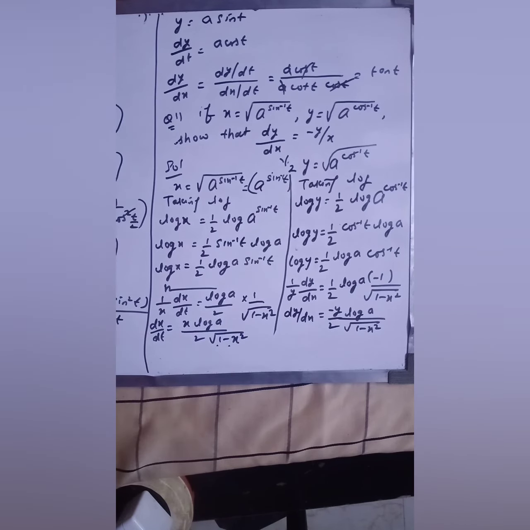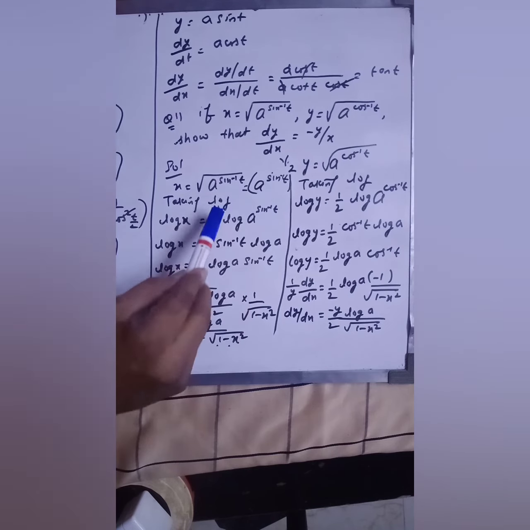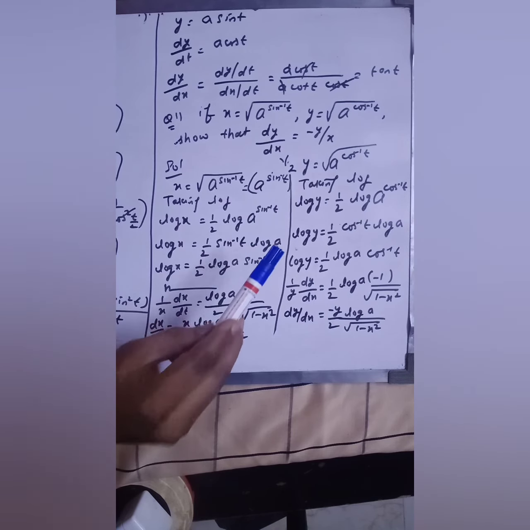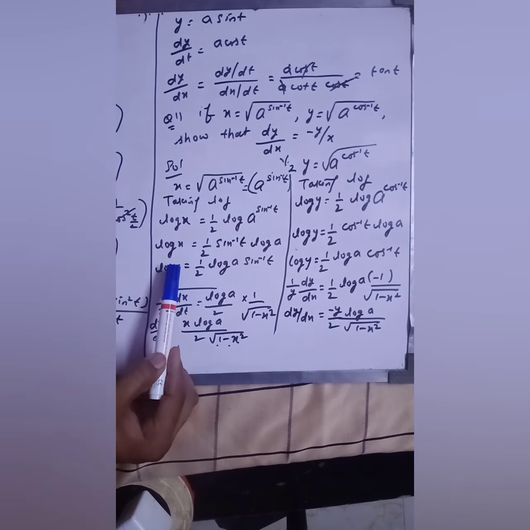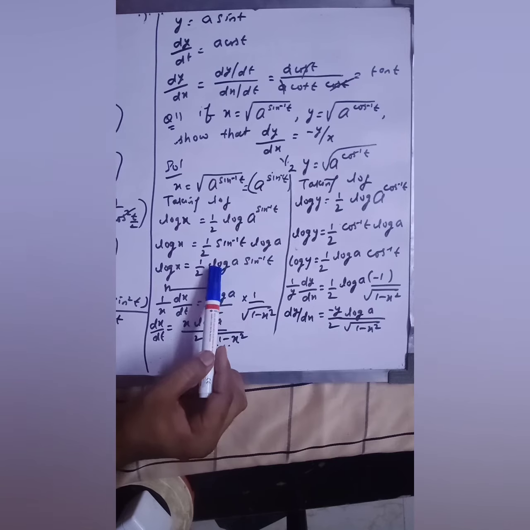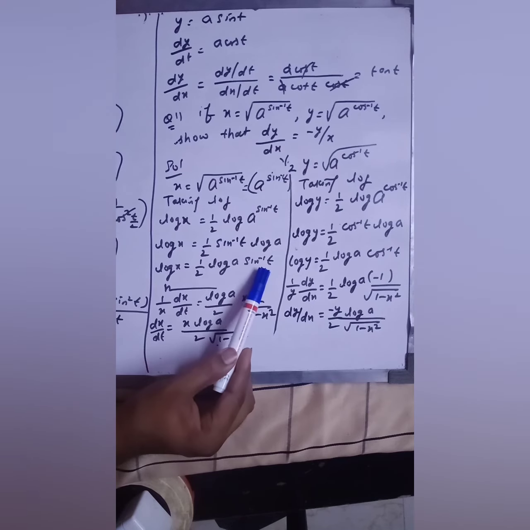Okay, got it? This sine inverse will come before log, 1 by 2 sine inverse t. Okay, then log a you have to write. So finally, after solving this, you will get half log a I'm writing first, then sine inverse t.